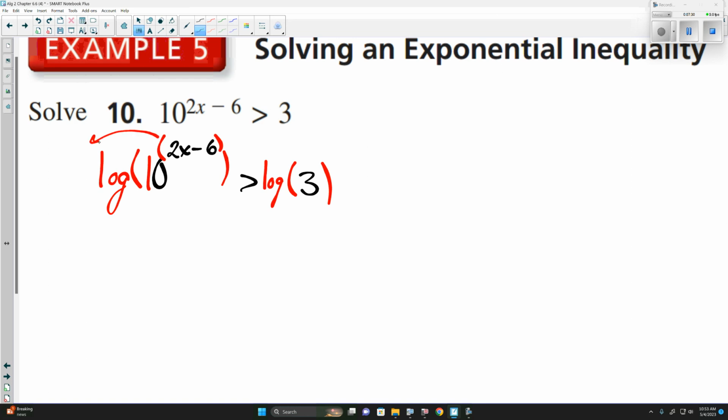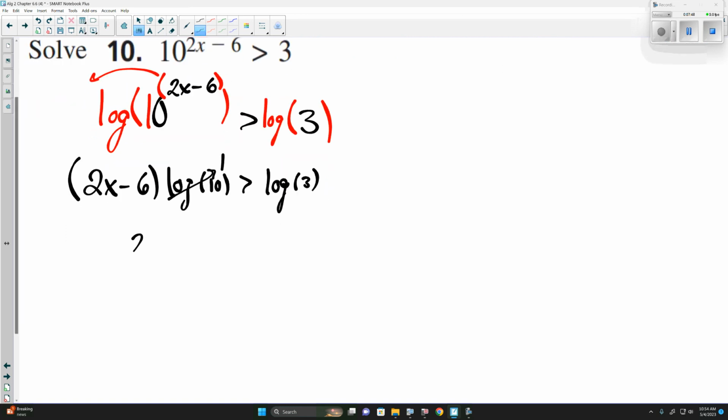Now the 2x minus 6 will move to the front. Log of 10 is greater than log of 3. Now log of 10 is going to be 1, times 1, so just 2x minus 6 is greater than log of 3.